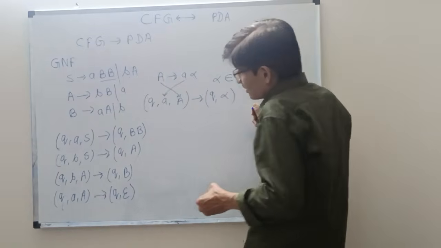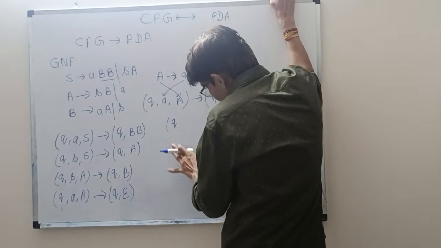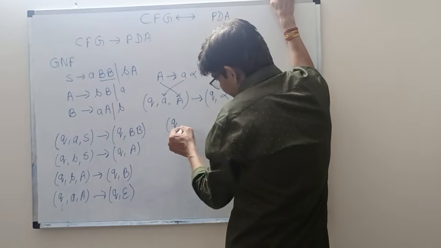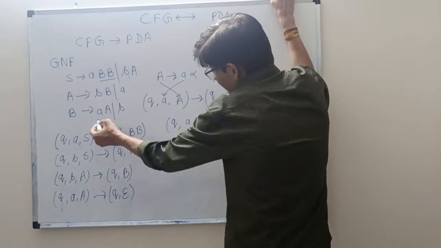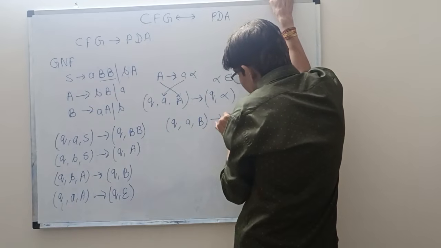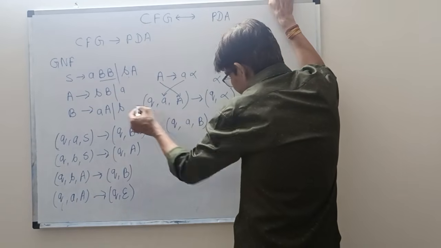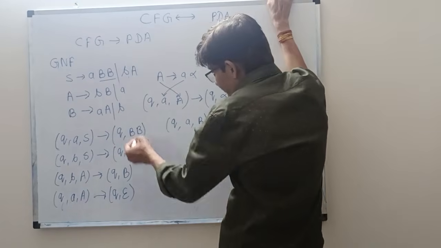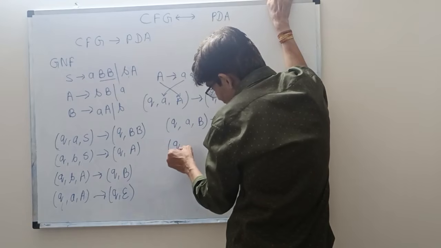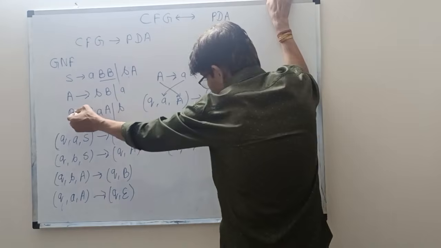Now I will convert these two productions into transitions. I am in Q, I am reading A, and the current stack top is B. This will give us: I will stay in Q and push this A into the stack. For the next transition, I am in Q, I am reading B, and the current stack top is B again.